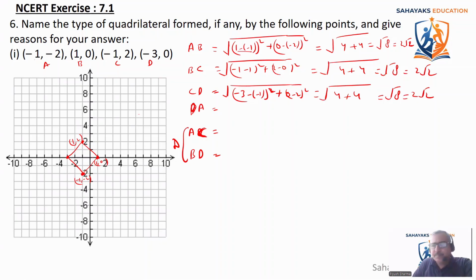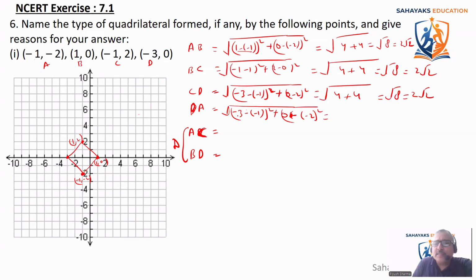Next comes DA. DA is D and A. Square root of (-3 minus -1) whole square plus (0 minus -2) whole square.